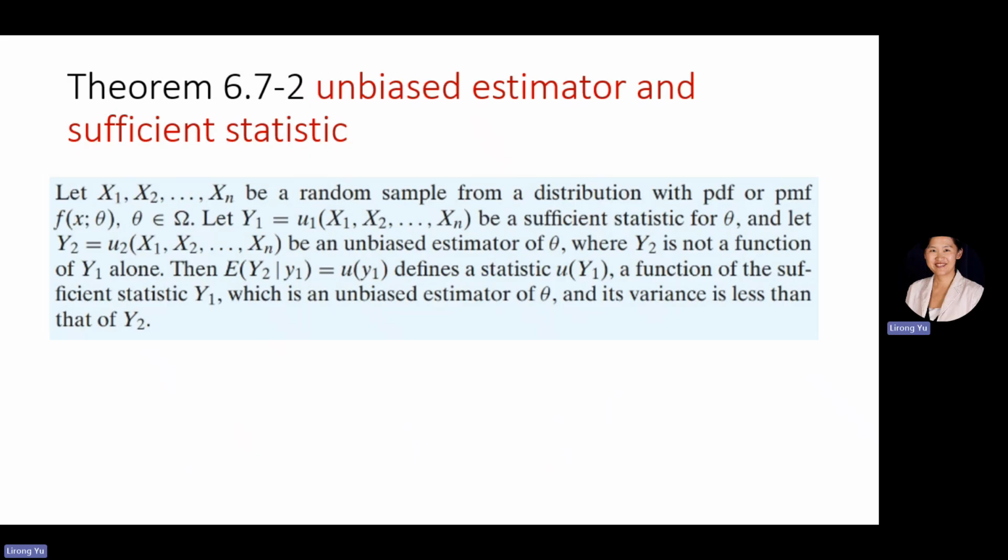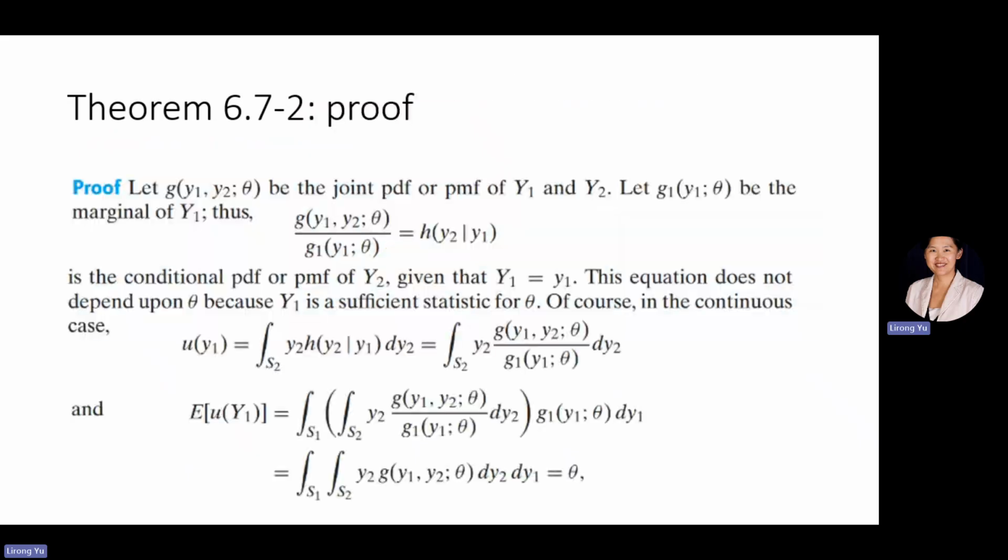The only thing that would be a little bit hard to prove is that its variance is less than that of y2. y2 is an unbiased estimator, but when there are several unbiased estimators, which one is better? It's the one that has smaller variance. So another benefit of this process is that we're able to create an estimator that has smaller variance.